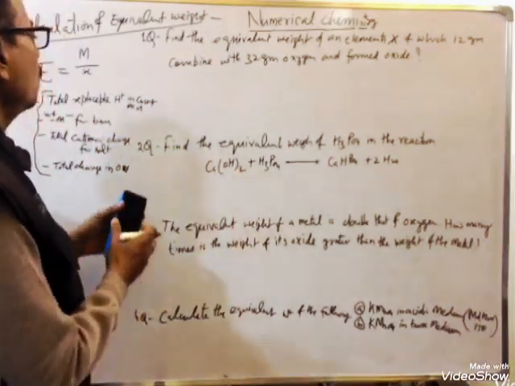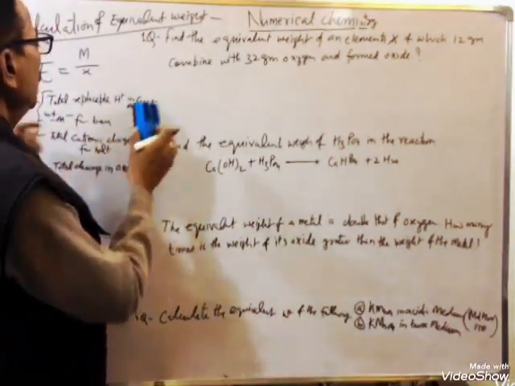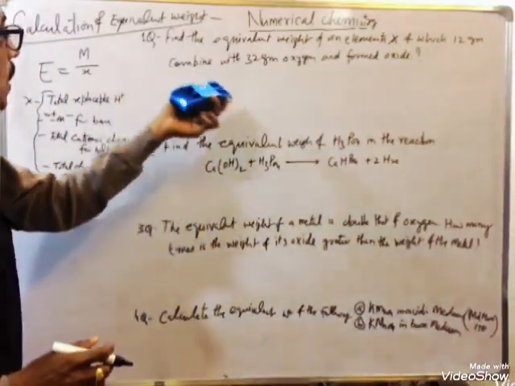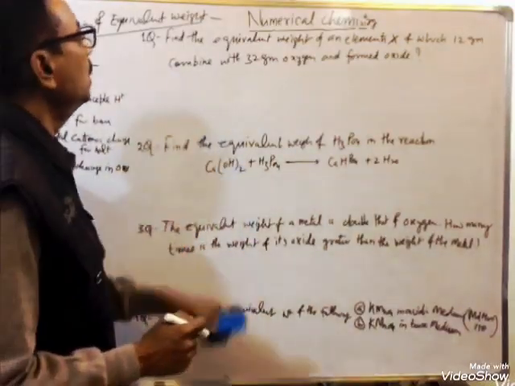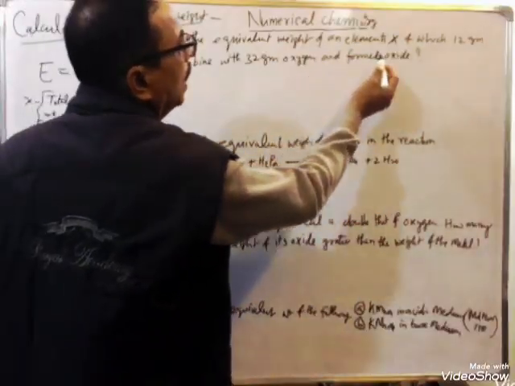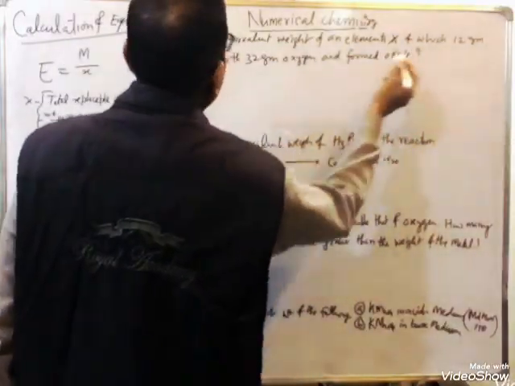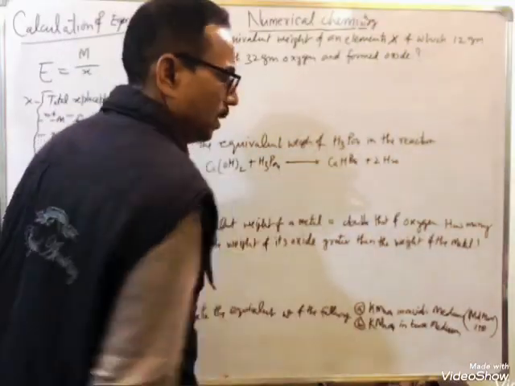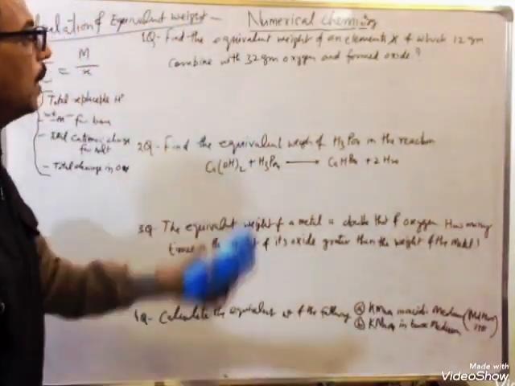So we take them one by one, and you may understand better. The first question is: find the equivalent weight of an element X of which 12 gram combines with 32 gram oxygen and forms an oxide. It is very simple.